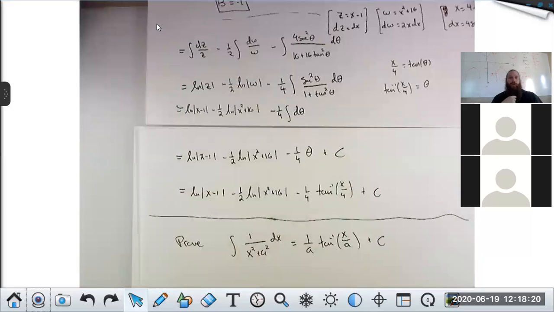And I would be okay with you using that on a test, the same way that I'm okay with you memorizing the integral of secant. Best way to memorize it, go through the proof. It's not hard. Just substitute x equals a tan theta and follow your nose. It goes the same way as this integral did, just with an a instead of a 4.